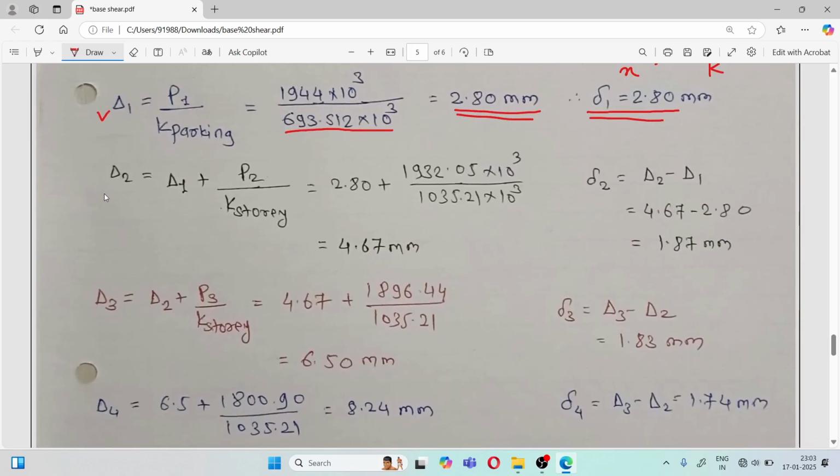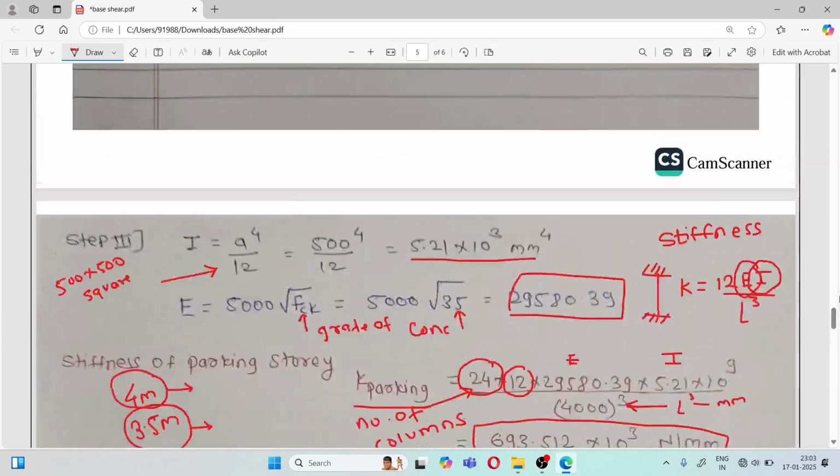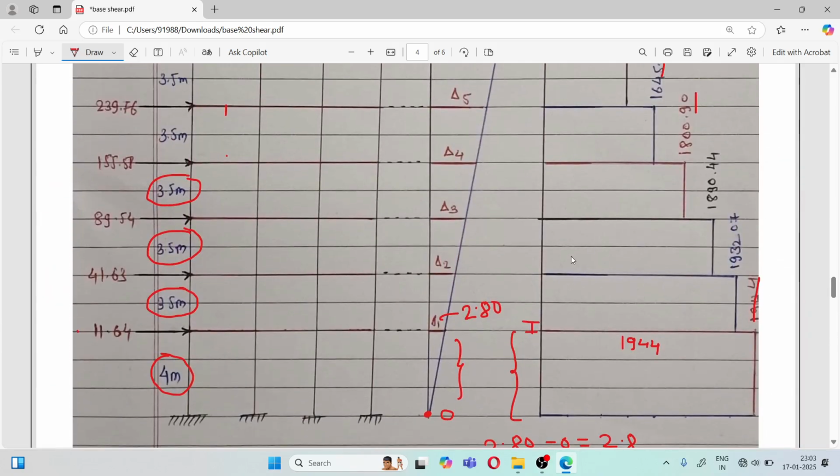Now displacement 2. The next displacement will be delta 1 plus force upon stiffness. So delta 1 is 2.80 plus the force acting on the second story. Now this is the first.